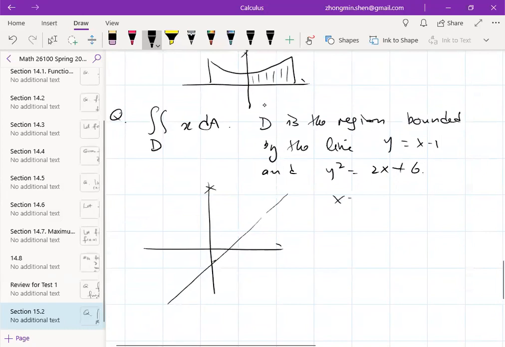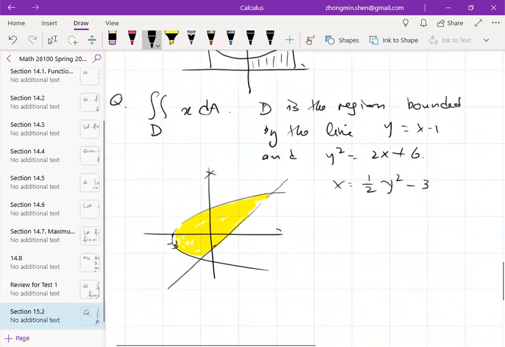So that means x equals half of y squared minus 3, right? So this is a parabola opening to the right and starting from -3. So it goes like that. You still have to figure out what type of iterated integral you're going to use, right?